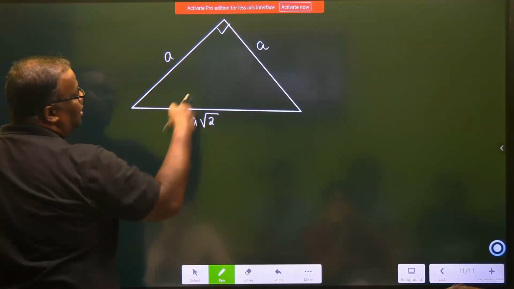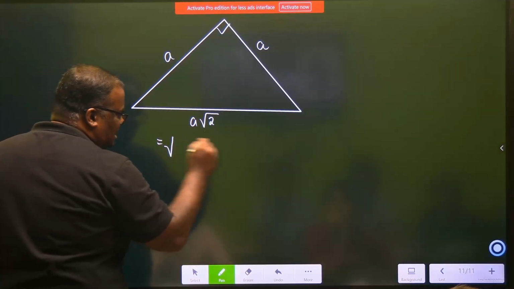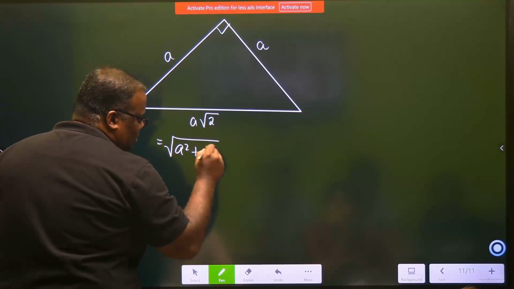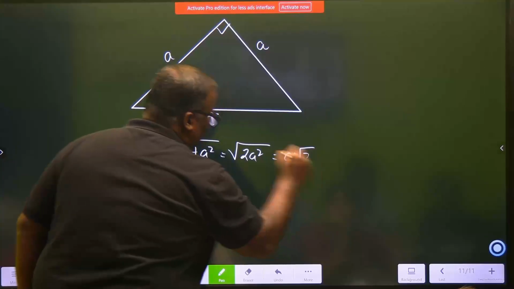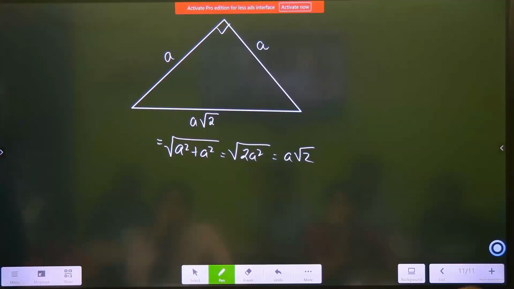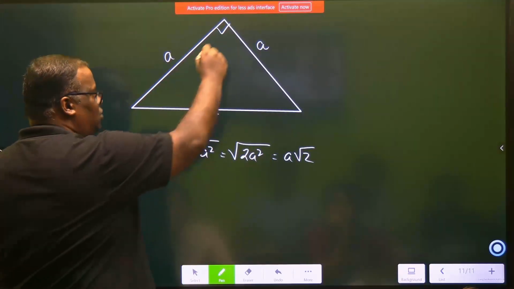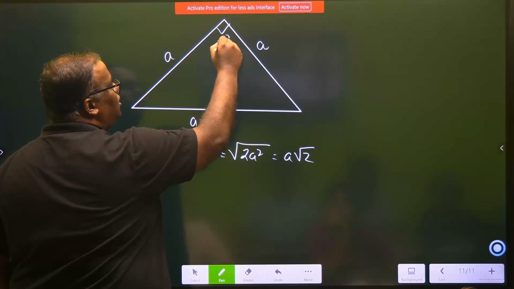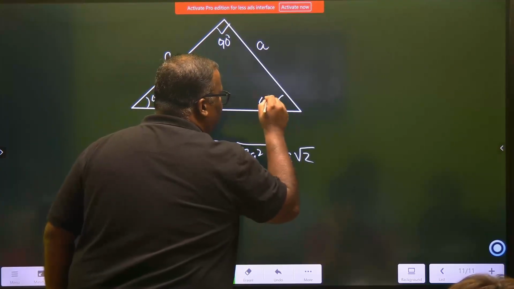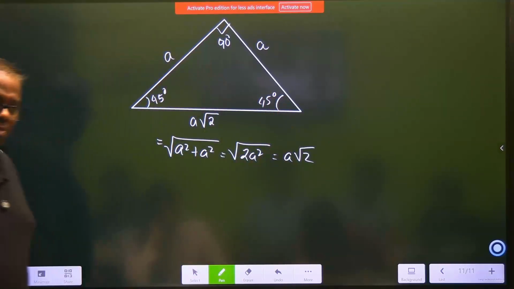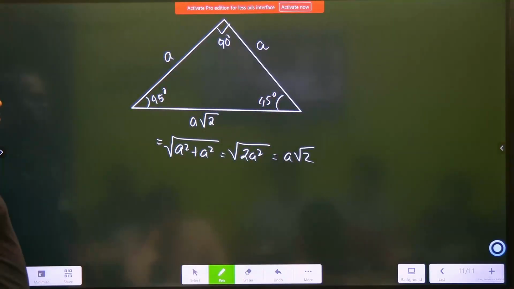This is the hypotenuse, which is A square plus A square, which is root 2A square. A comes outside root 2. A root 2. Understood? If this is isosceles and this makes children 90 degree, I'm left with no other option than to have this as 45 and have this as 45. Does it make it clear? Yes, I've become a British teacher now.